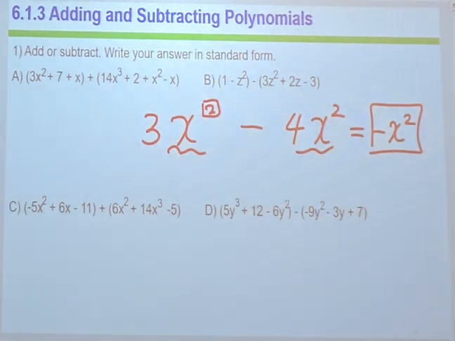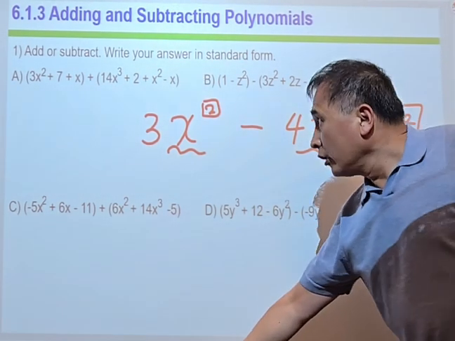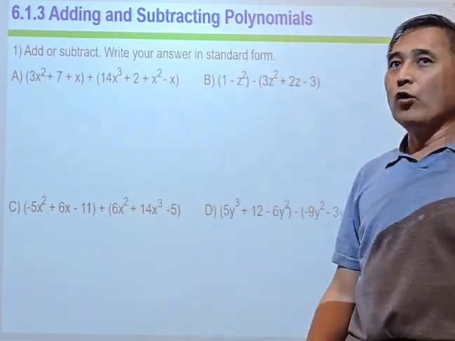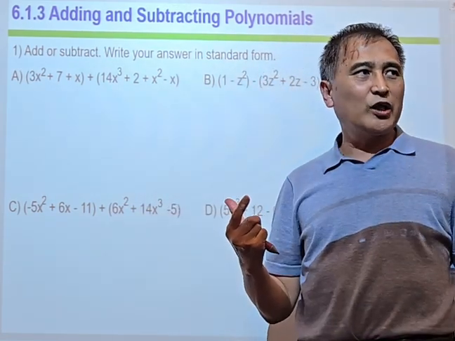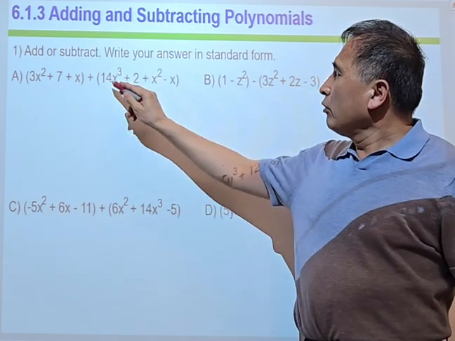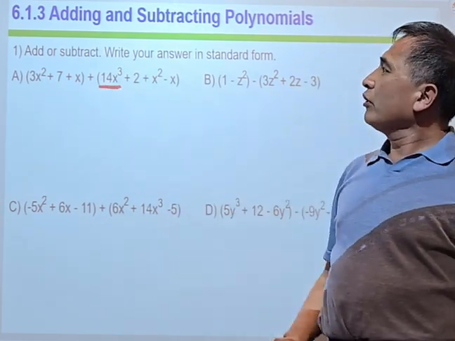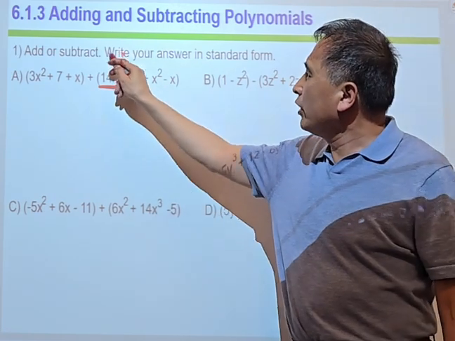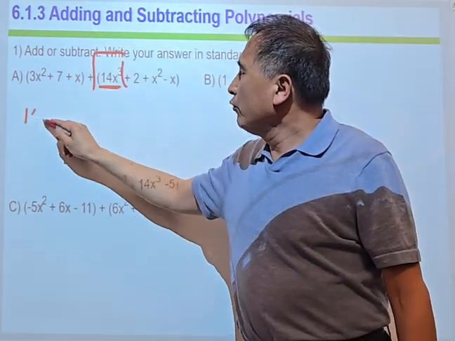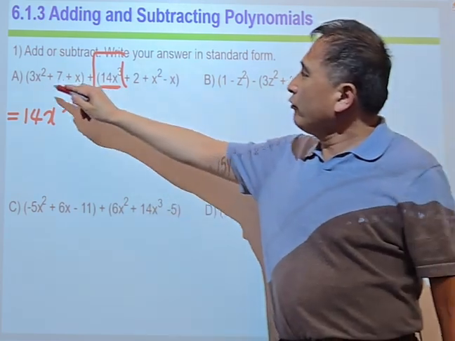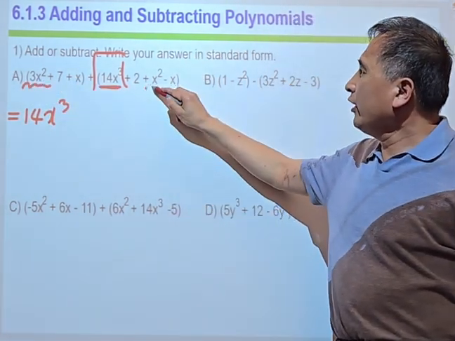Everybody clear? Yeah, so now adding and subtraction is easy. You only check whether that's a like term or not. So still you need to write in descending order. I check it, degree 3. Oh, this is the only one. So I box it here, 14x to the third power. And any quadratic? Yes, right here and right here.